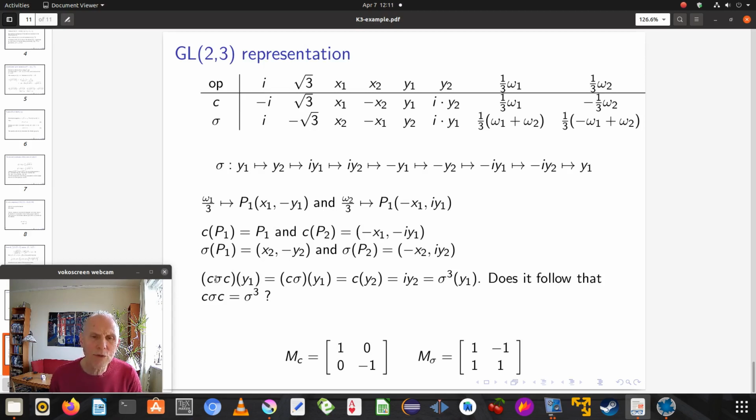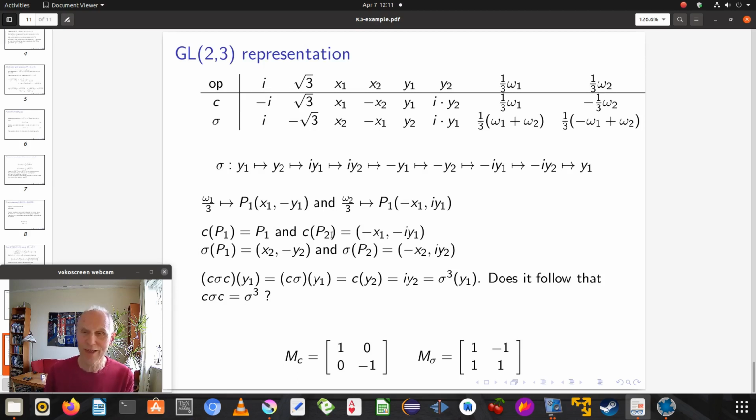Mapped to y2 and y2. Oh yeah, that's a complicated guy. C gives to iy2. And iy2, that's c to the 3rd of y1. So I think these 2 examples are sufficient to show that c sigma c equals sigma to the 3rd. So that should give us a positive identification of the semi-dihedral group of order 16.